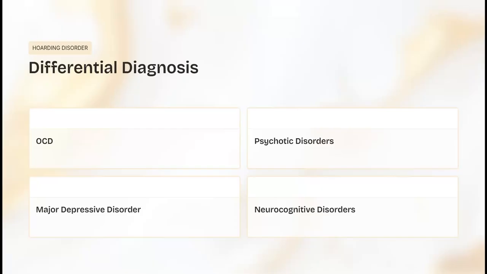Then in major depressive disorder, it could be functional neglect that resembles hoarding because they have anhedonia, they're not doing anything, they're not taking care of themselves. Or late onset hoarding behavior in the older population should make you think it could be something neurocognitive like a frontotemporal dementia, and that affects impulse control and judgment. So these are just some of the differentials for hoarding.